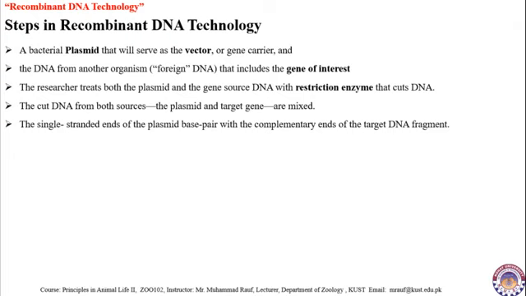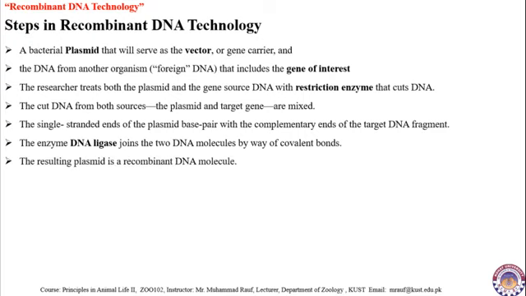Means once the restriction enzyme produces a cut in the plasmid, then this area is used for the incorporation of the gene of interest, and then ligase enzyme is used to establish a covalent bond between the plasmid and the newly inserted gene of interest, and the resulting plasmid is called a recombinant DNA molecule.